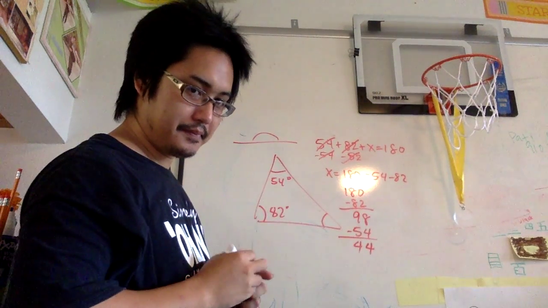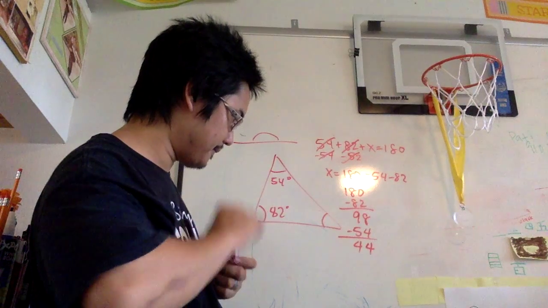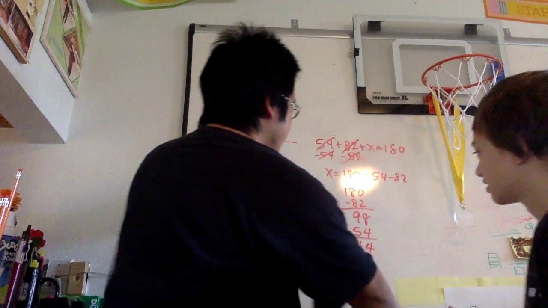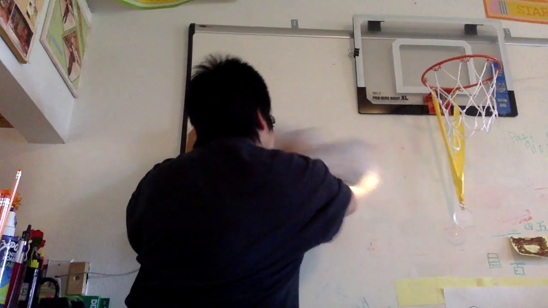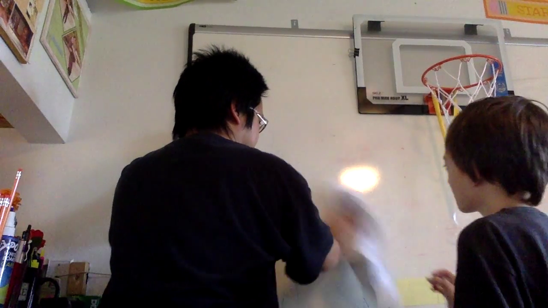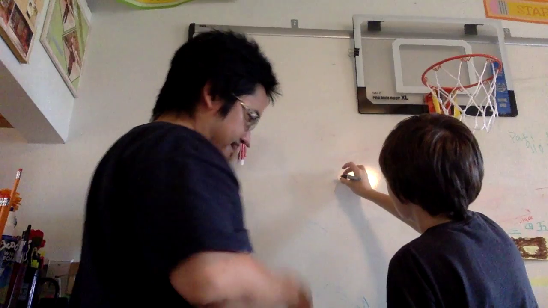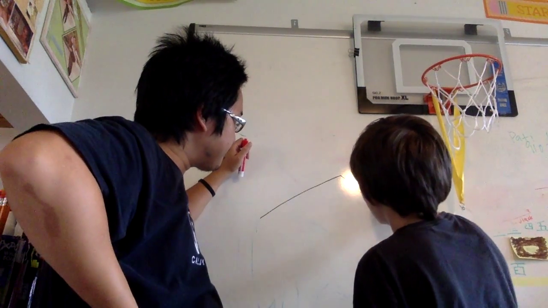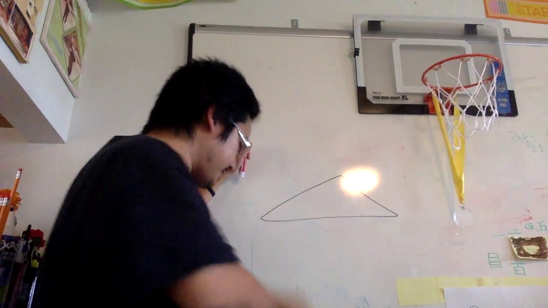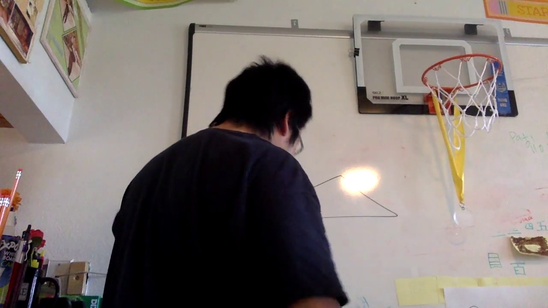I have one more question. What if it's like this? What if the triangle is like this? I'm going to erase this to give you room. That would still be 180? Okay, let's do it.